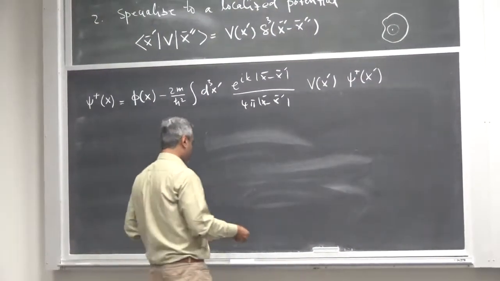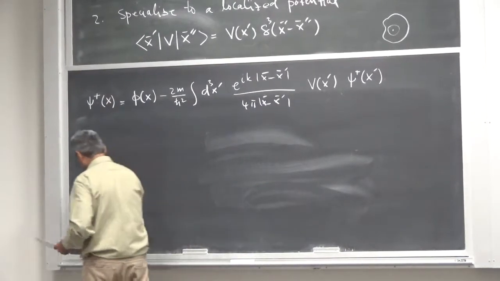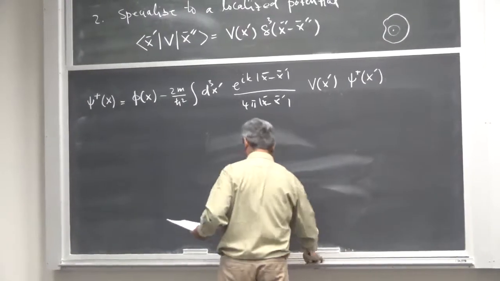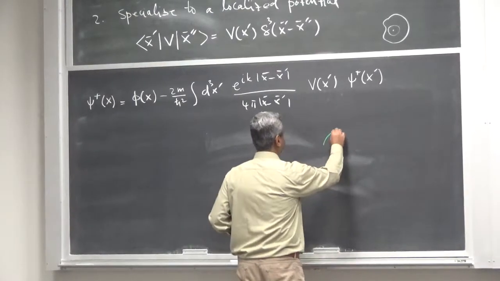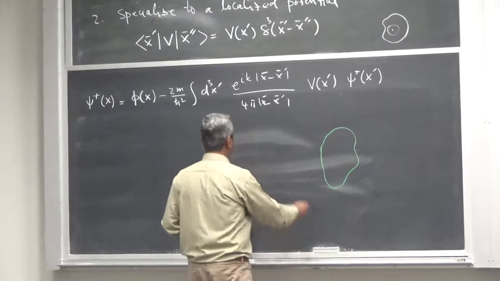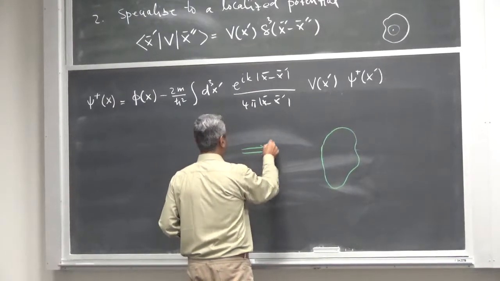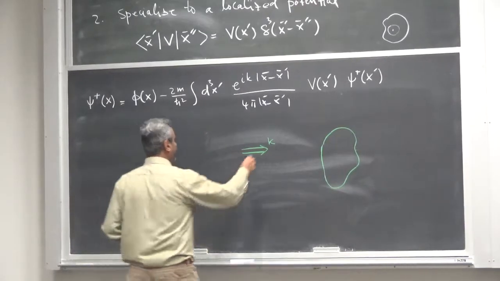Okay, so let's look at the picture that is emerging now. Let's look at this picture. So you have a scattering center. The scattering center, let's say it's like this, and you prepared particles that are coming this way with momentum k.